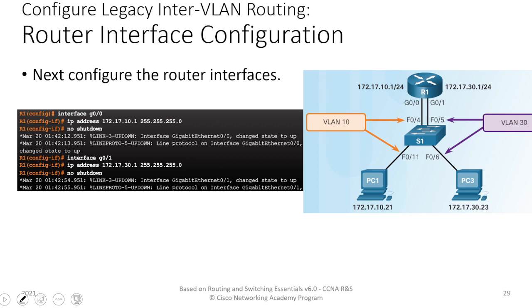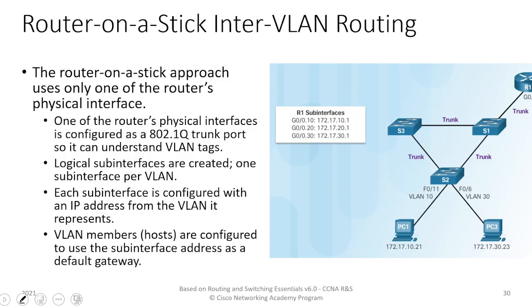We go into the interface and set the IP address, say one is 10.1, the other one is 30.1. Those are the gateways for those two subnets. We configure that, and that's it. On the router side, there's no specific understanding or information about VLANs configured in this case.